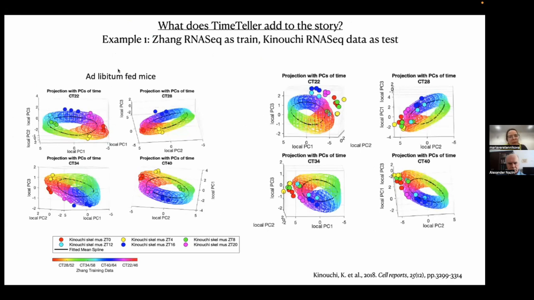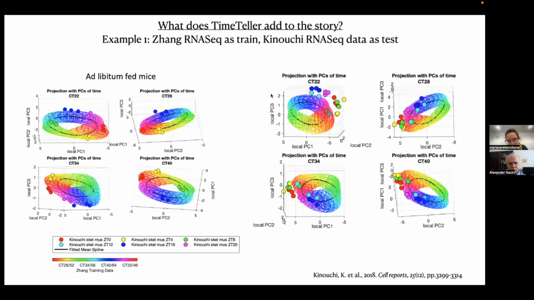If you look at the mice that were fed ad libitum, meaning they weren't starving, they were fed freely, then if we built the model using the Zhang data set that I talked about in the beginning, this RNA-seq data, and you put this Kinushi ad libitum data on it, you can see that it falls very nicely on the model.